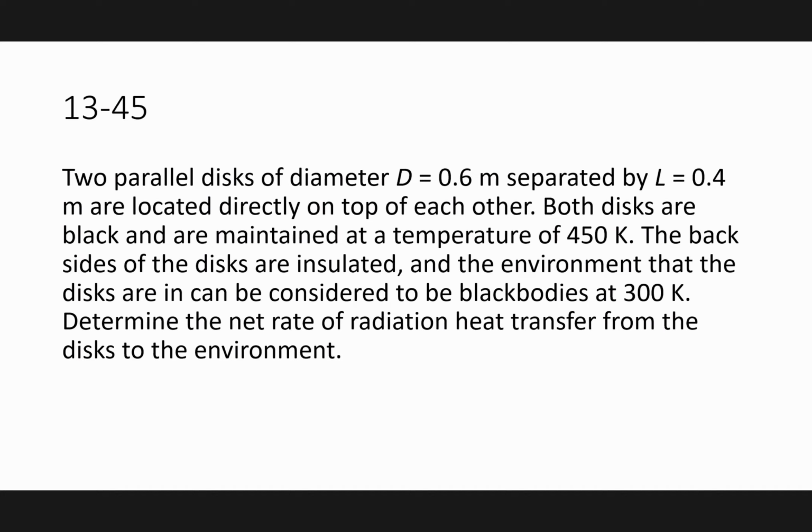Both discs are black, which means something, and maintain a temperature of 450 K. Therefore, both are at the same temperature. The back sides of the discs are insulated, and the environment can be considered a black body at 300 K. Determine the net rate of radiation heat transfer from the discs to the environment.